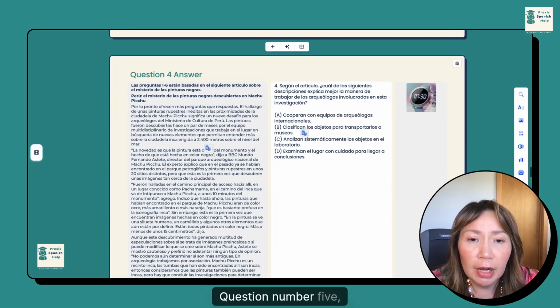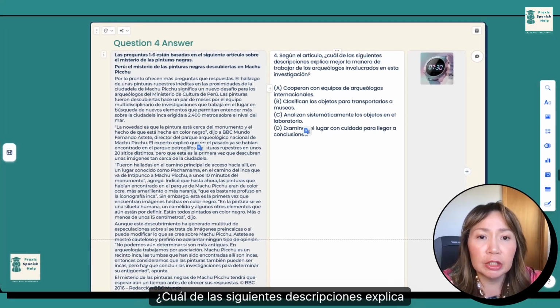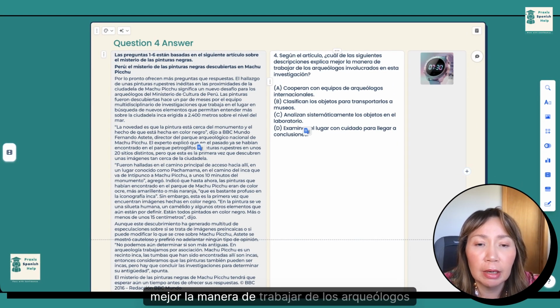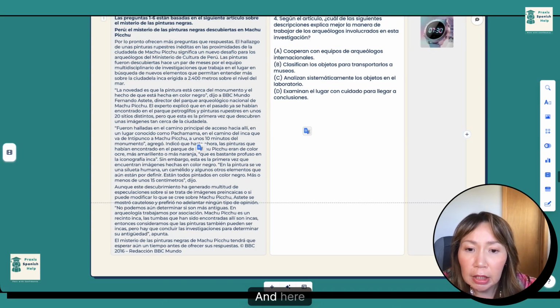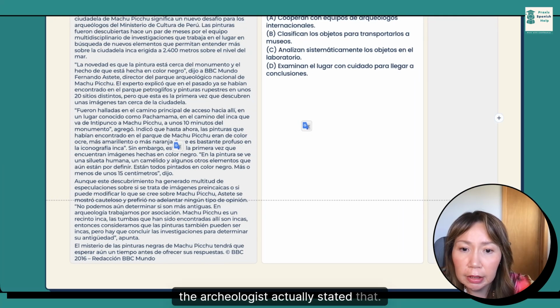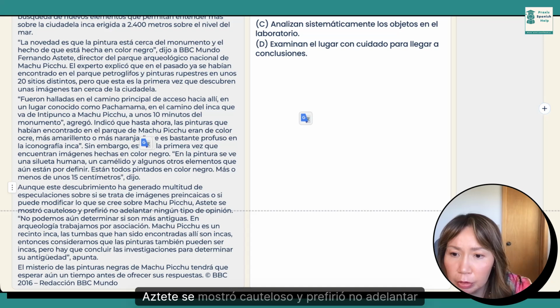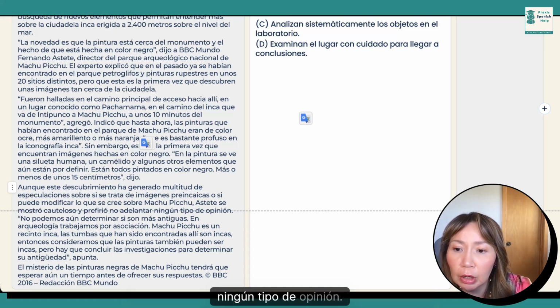And question number 5, según el artículo, ¿cuál de las siguientes descripciones explica mejor la manera de trabajar de los arqueólogos involucrados en esta investigación? And here, the archaeologist actually stated that Astete se mostró cauteloso y prefirió no adelantar ningún tipo de opinión.